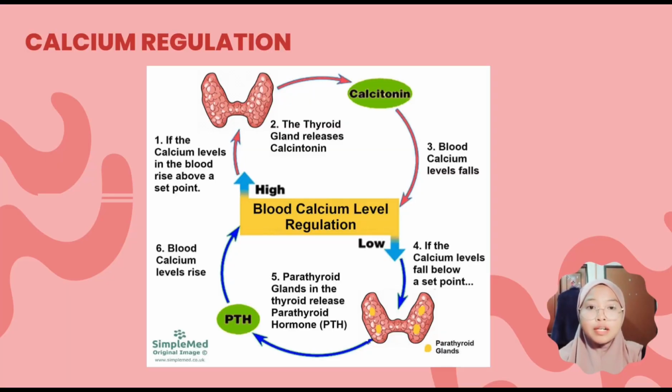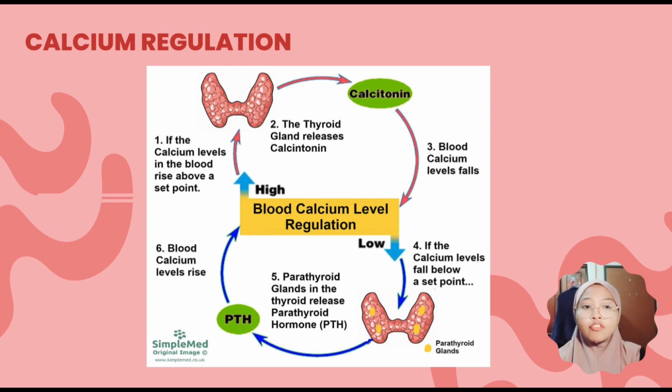Next, I want to explain calcium regulation. First of all, a high level of calcium in the blood will stimulate thyroid gland parafollicular cells to release more calcitonin, CT. Then, calcitonin inhibits osteoclasts, thus decreasing blood calcium level.